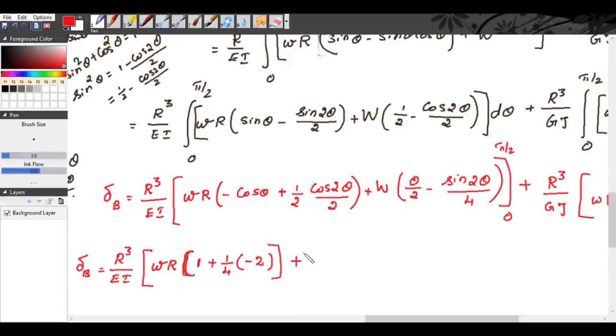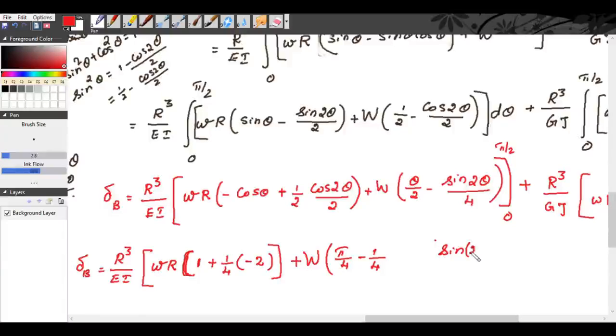Plus W into theta by 2. Theta is pi by 2. So pi by 2 into 2. The lower limit theta is 0. So pi by 4. So we get pi by 4 minus 1 by 4 into sine 2 theta.